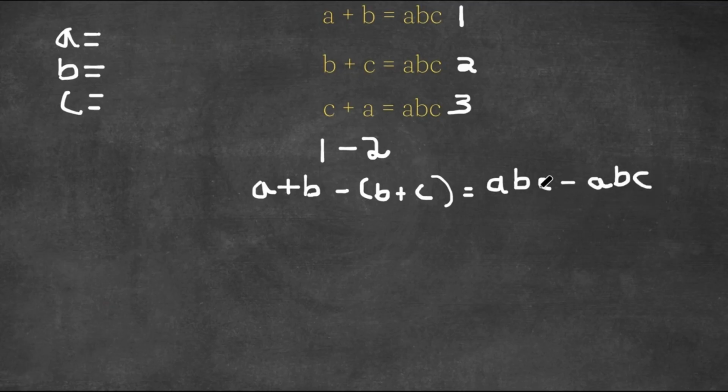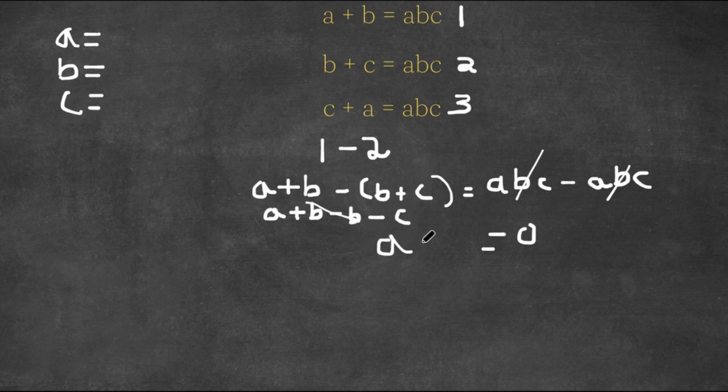Now, abc minus abc is simply 0, because these two cancel out, they're the same thing. So this would be 0, and this is equal to a plus b minus b minus c. These two would cancel out, so this would be a minus c. So we know that a minus c equals 0.